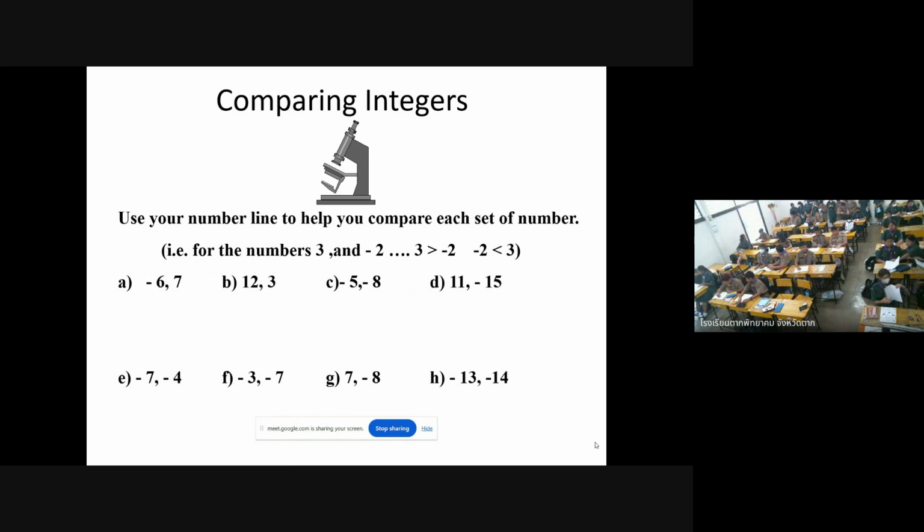Switch with them. Okay. Hey, do not lean on the board. Move. Don't lean at the back. Stand.